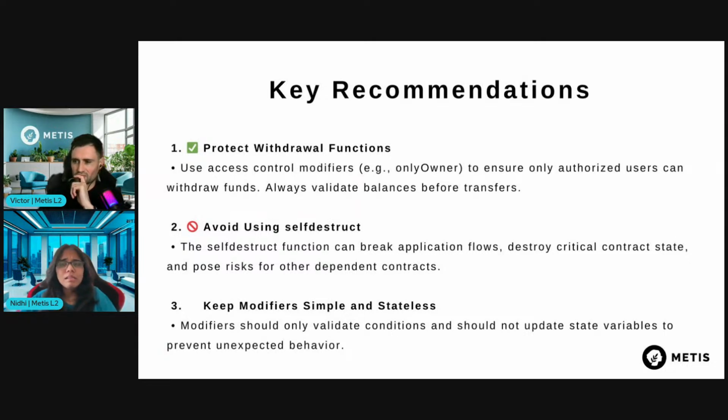Let's say a project has a self-destruct function in the smart contract, and the owner has access to this particular function. What if they just call the function tomorrow morning, and all the functions of the smart contract will not be working, right? It means they can easily stop their contract, and it poses a risk to other dependent contracts as well.